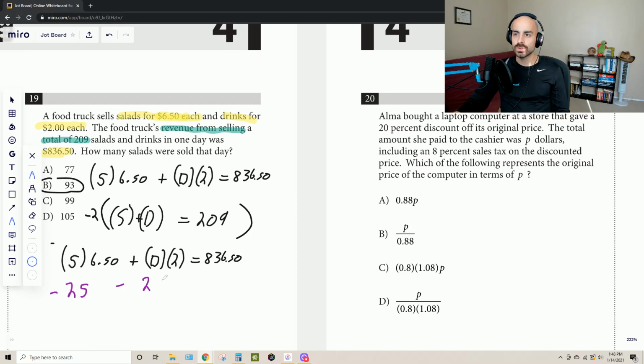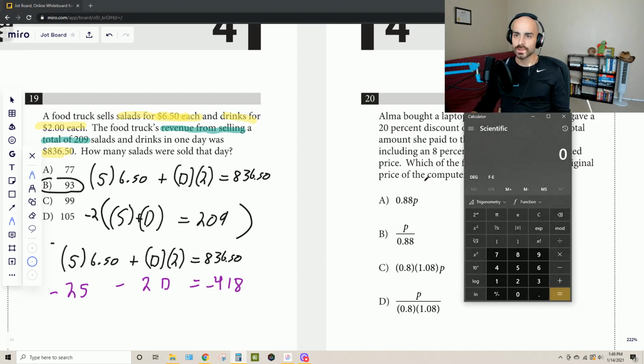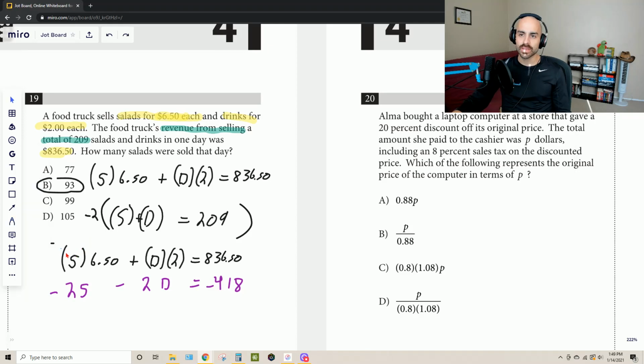minus 2d equals negative 418. All right. Feel like we got everything going well here. So in this case, this is a 6.5, and just to make this a little bit more obvious for us, that's right here. And then this is actually 2D.